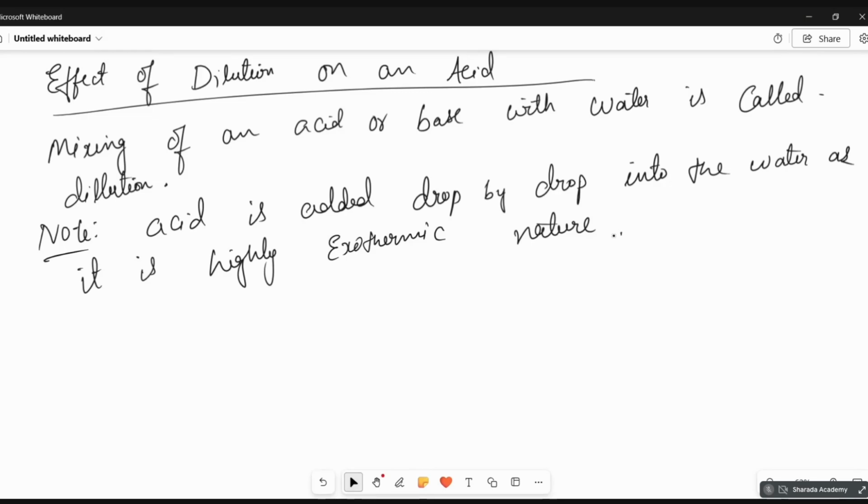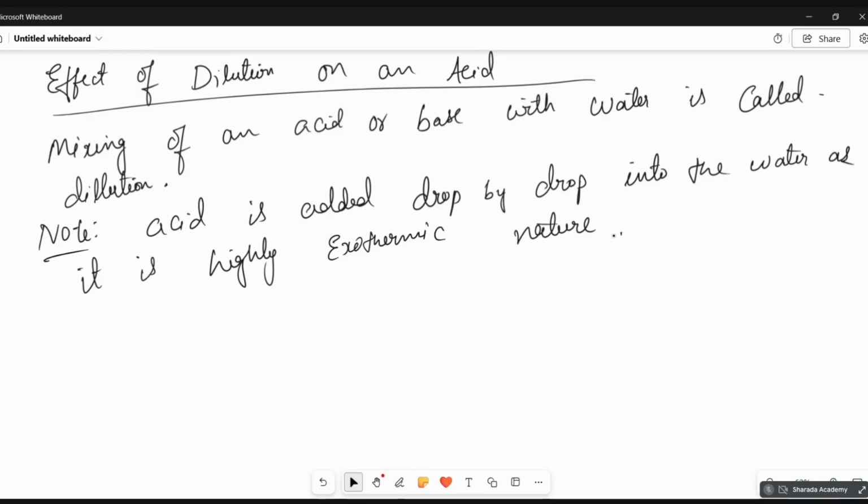The leaves may get holes wherever it falls. It is harmful to humans also; you can't drink that water directly by just filtration. The plants will not grow well and microorganisms may die. All this can happen with acid rain.